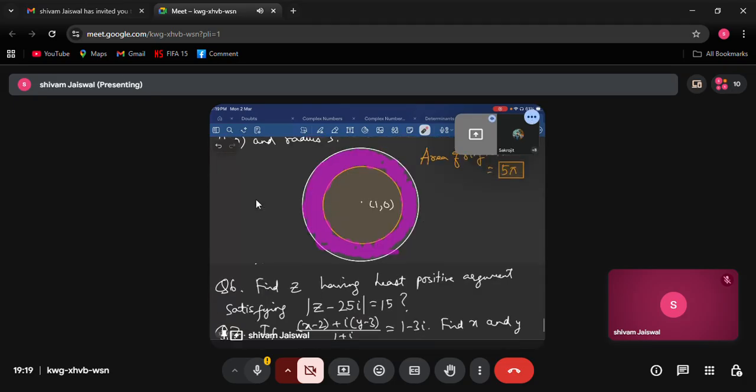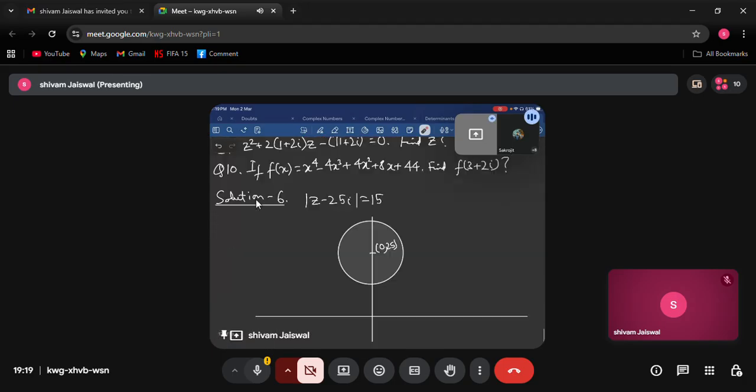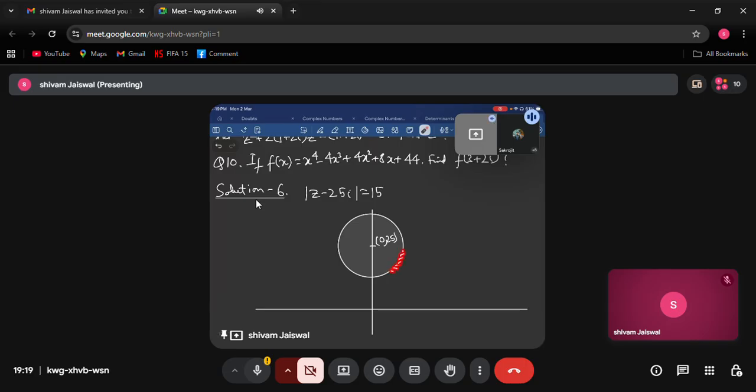This actually represents a set of complex numbers which lie on the circumference of the circle. So we need to find out the least positive argument. Which one is having the least positive argument? So what do you think? Is this complex number having the least positive argument? Tell me.